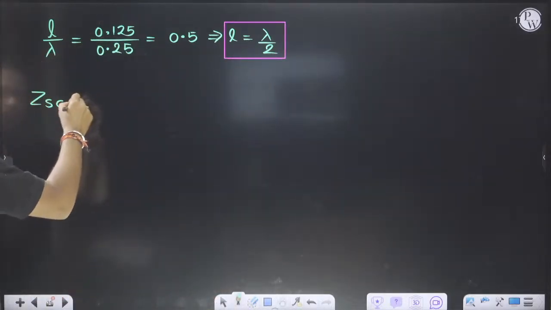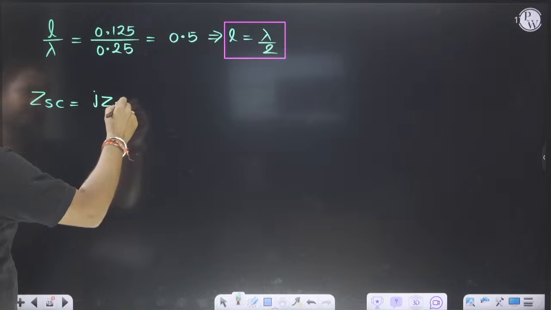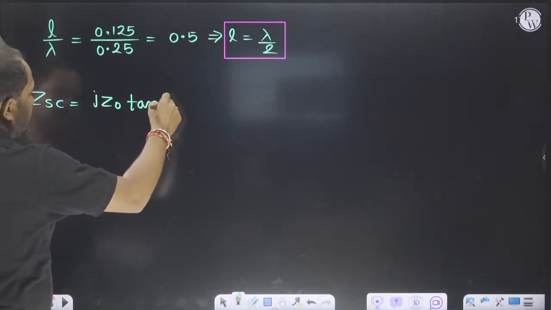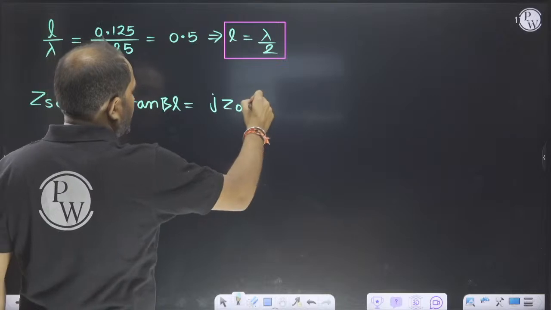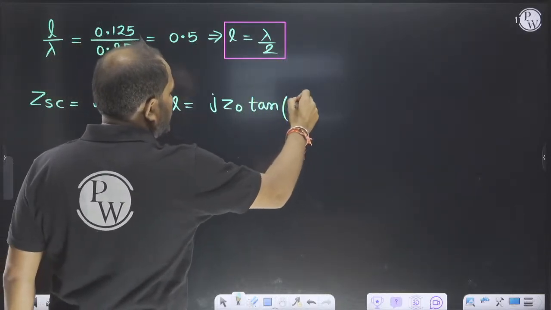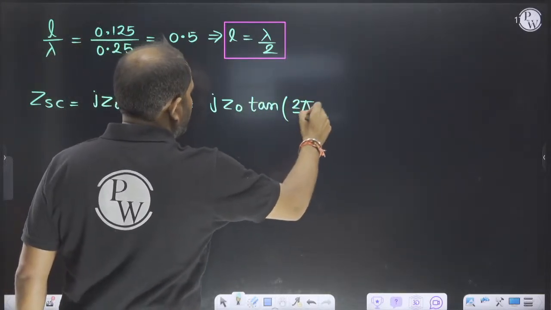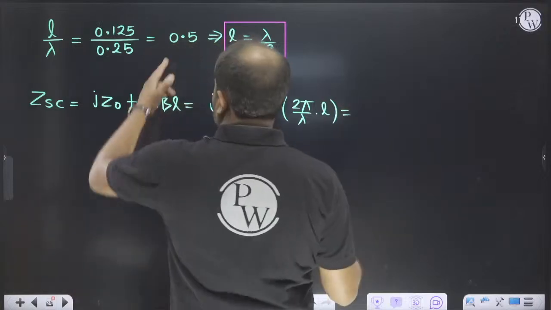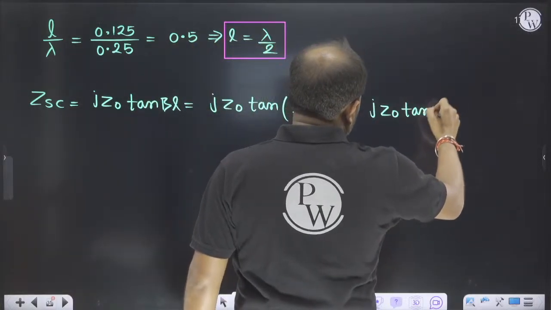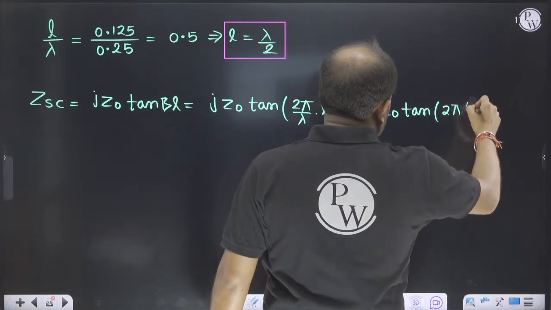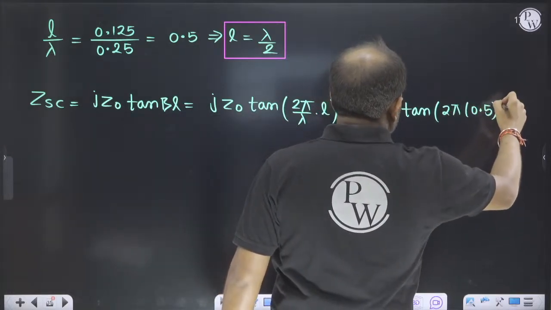ZSC, for short circuit, is equal to jZ0 tan beta L, where beta L is 2 pi by lambda into L. L by lambda is 0.5, so jZ0 tan of 2 pi times 0.5, which is tan pi.